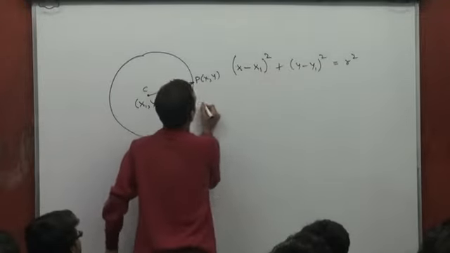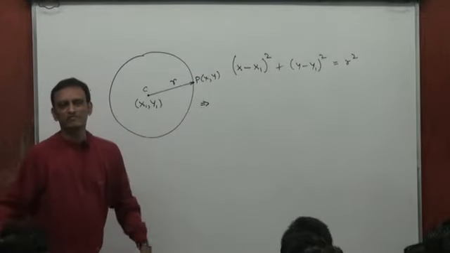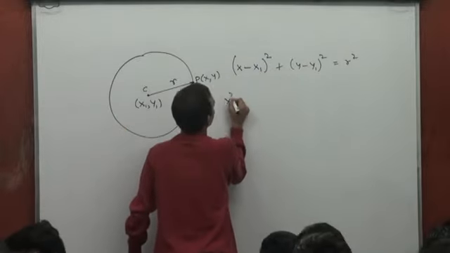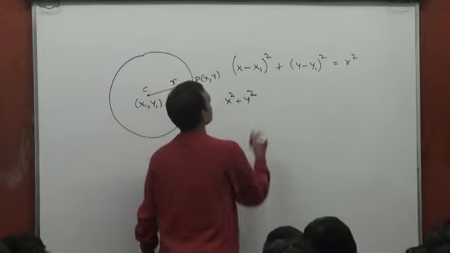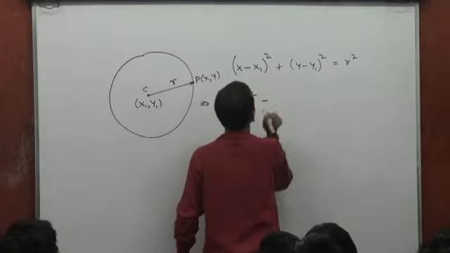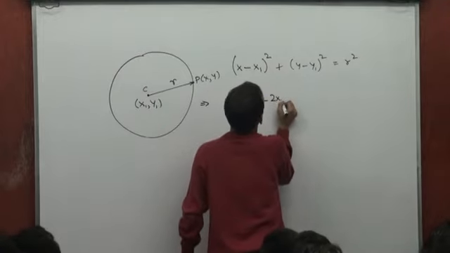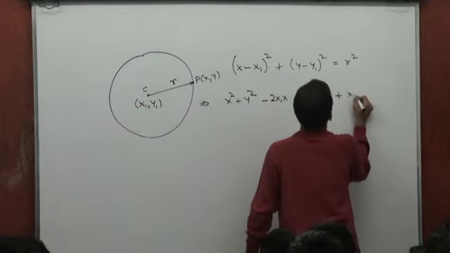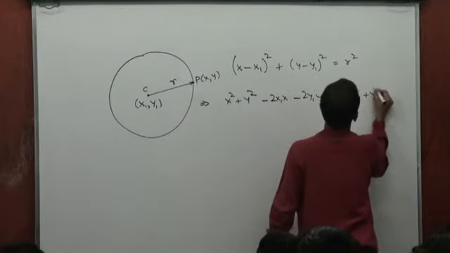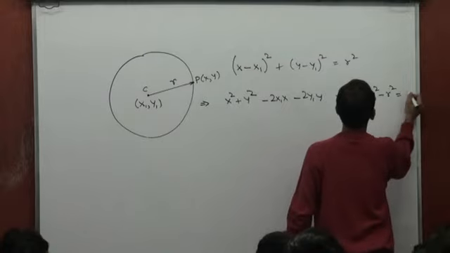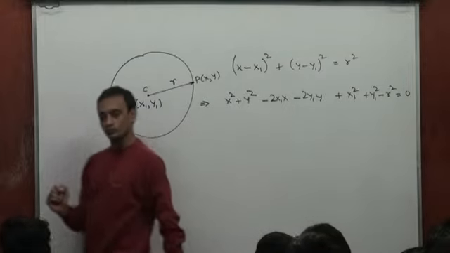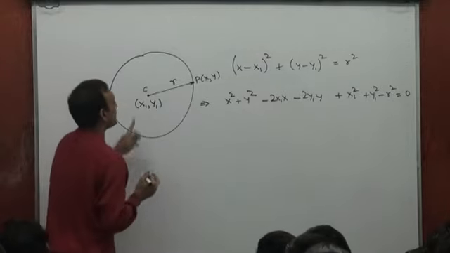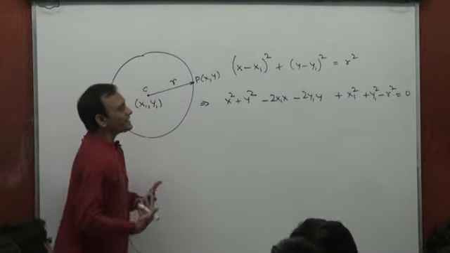Now, you could simplify this as x square plus y square minus 2x1x minus 2y1y plus x1 squared plus y1 squared minus r squared equal to 0. Right? Where x1, y1 is the center.